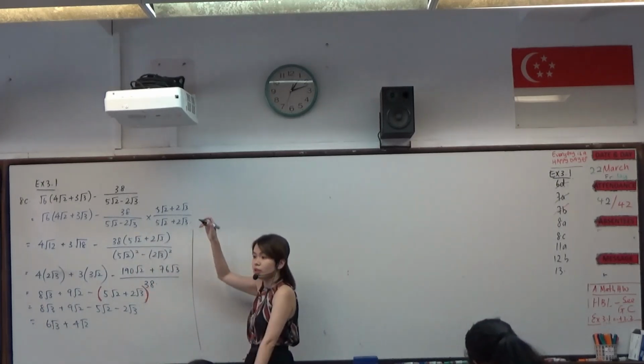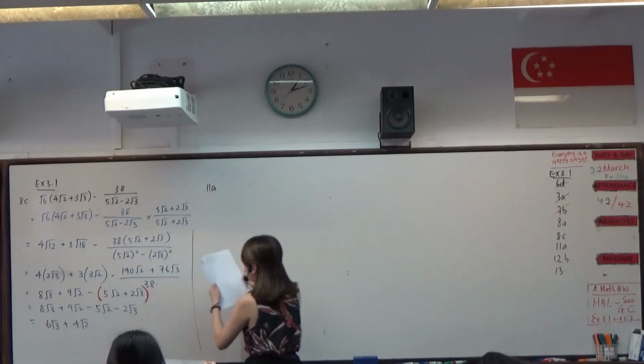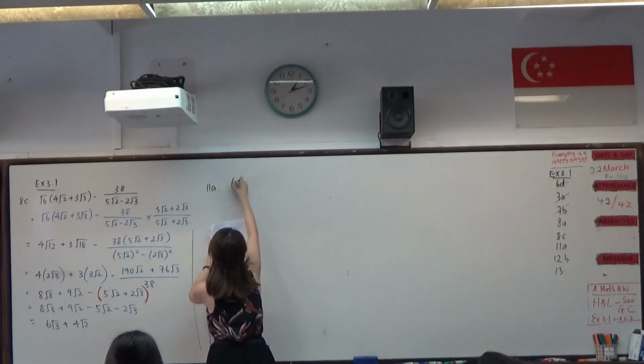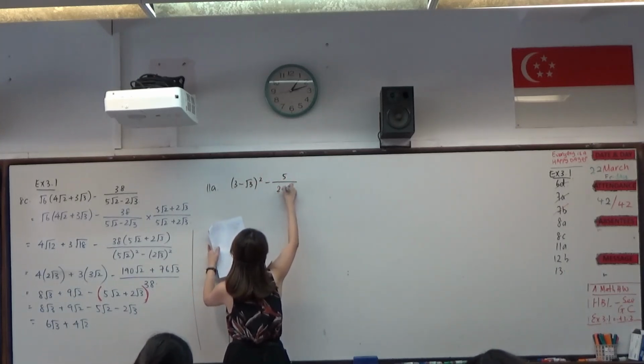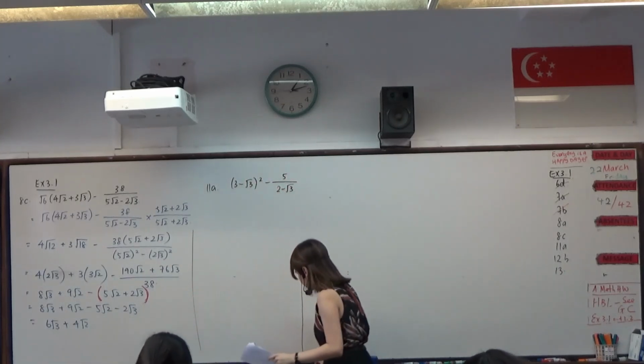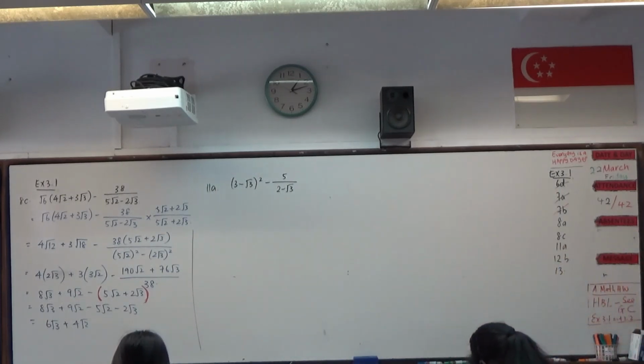Alright. Any problems? 11A. Okay, we have (3 minus root 3) squared minus 5 over (2 minus root 3). What to do?